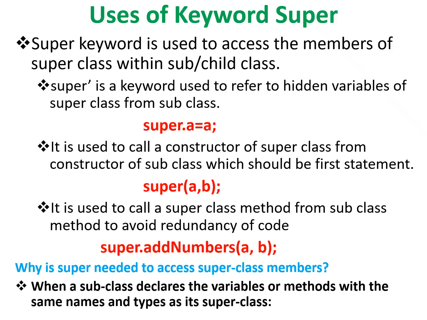That's why we call it using the super keyword. The super keyword is used in inheritance for three main reasons: to call parent variables when the subclass hides them, to call the parent constructor from child constructors, and to call parent methods from child methods.